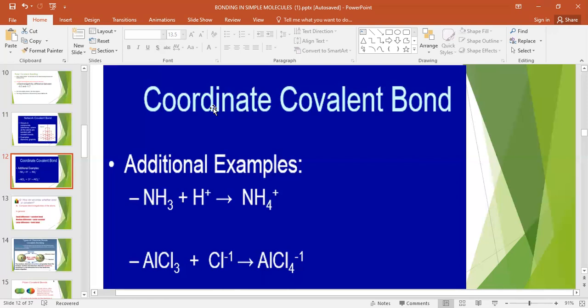When they share a pair of electrons, not single. Clear now? Here nitrogen has a lone pair, two electrons, so we call it a pair.